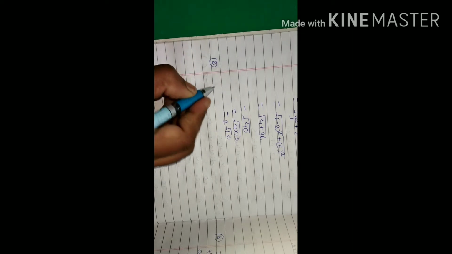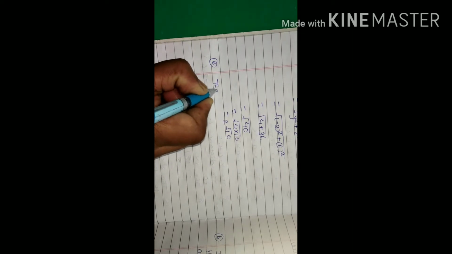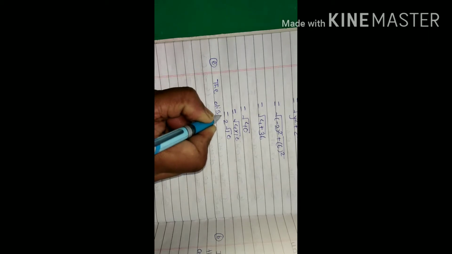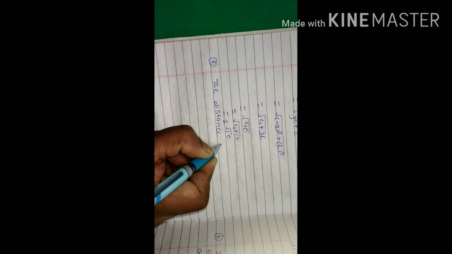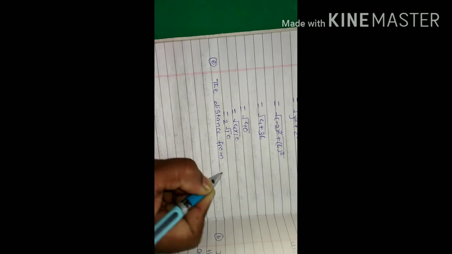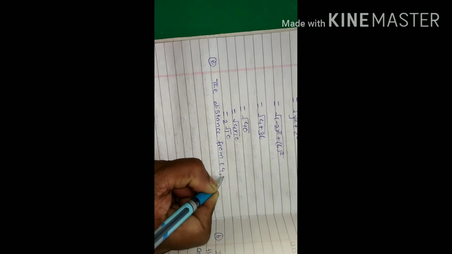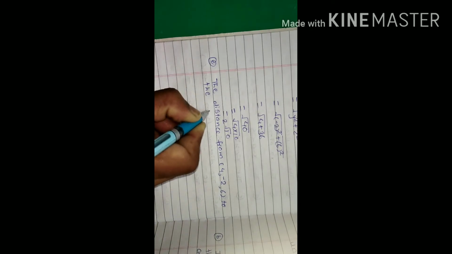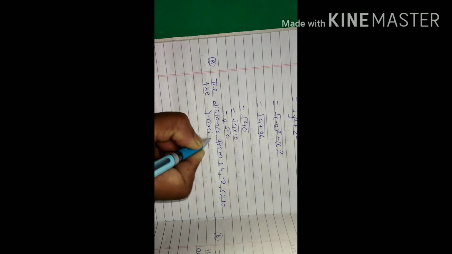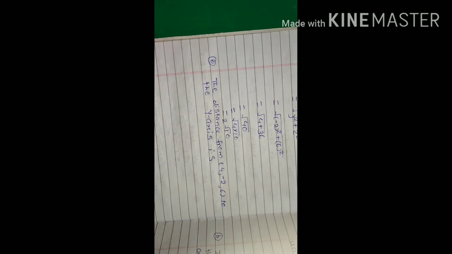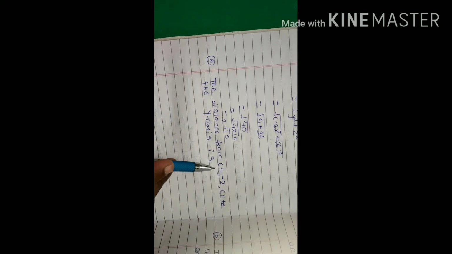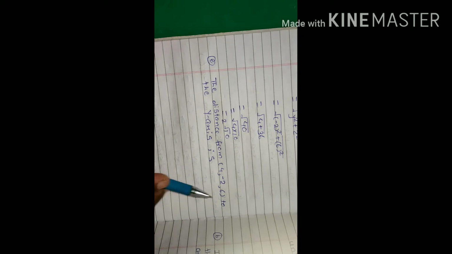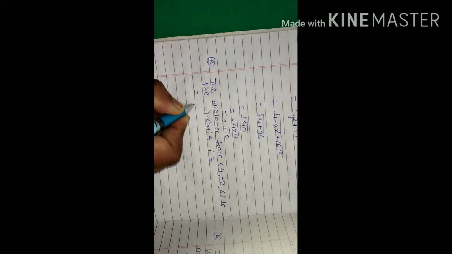Then E, the distance from the point (4, -2, 6) to the y-axis. The remaining terms are x and z, so it is under root x square plus z square.